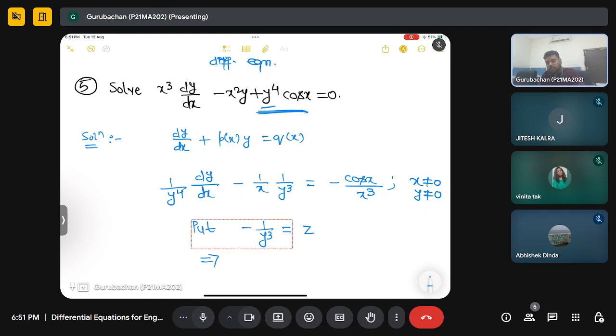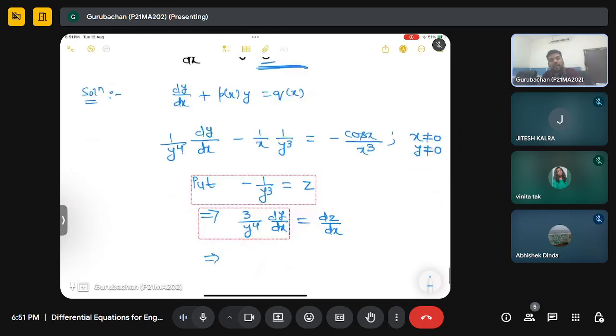This will give you 3 by y to the power 4 dy by dx is equal to dz by dx.